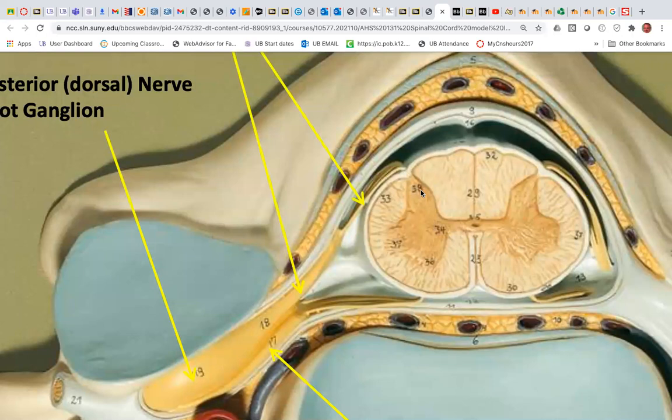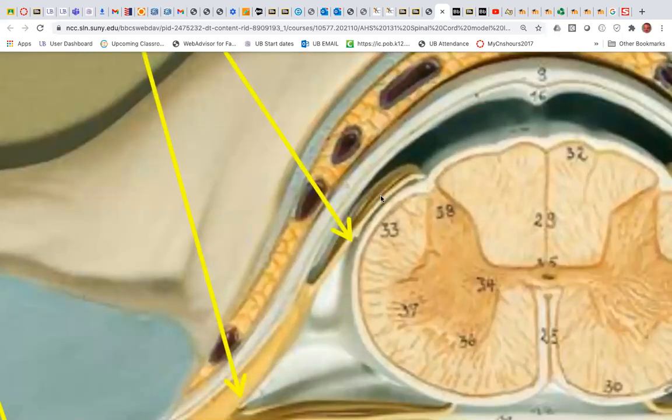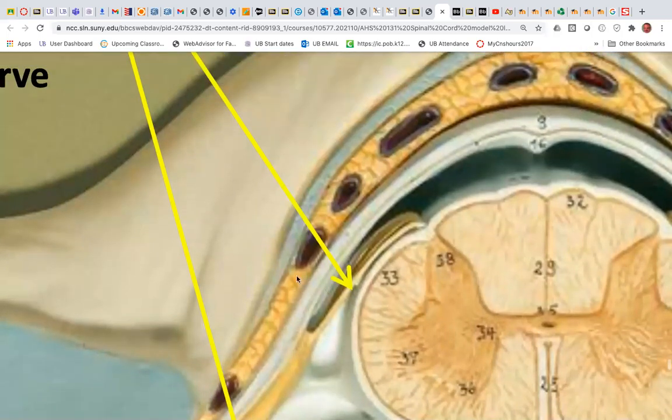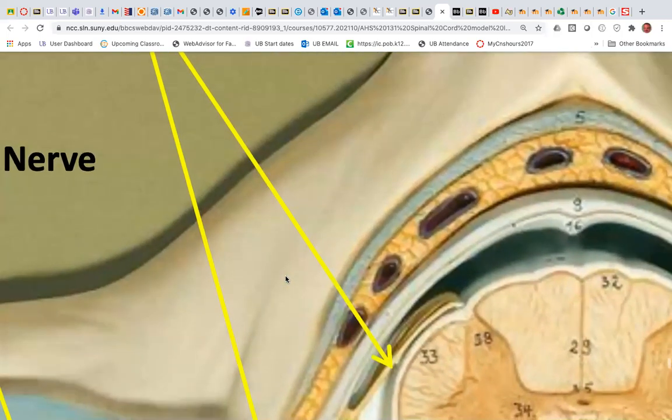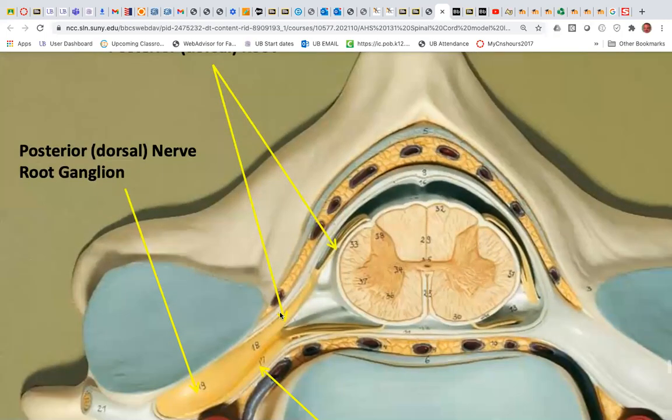So everything's dorsal that's connected to this. Dorsal root ganglion, dorsal nerve root, dorsal rootlets. See if I zoom in, they're much smaller filaments. So I just want you to make note of that, okay? Because if you look at the yellow, it's showing this part and this part is the same.